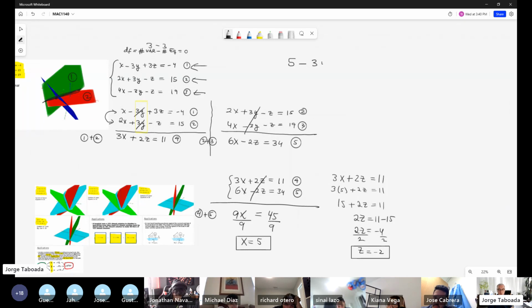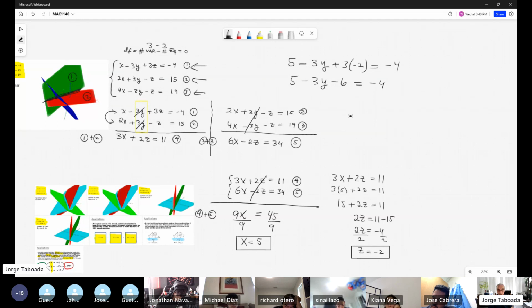Minus 3y. No idea who is y. Plus 3 times negative 2 should be equal to negative 4. Okay, this is negative 2, no? A multiplication. 5 minus 3y minus 6 equals minus 4.